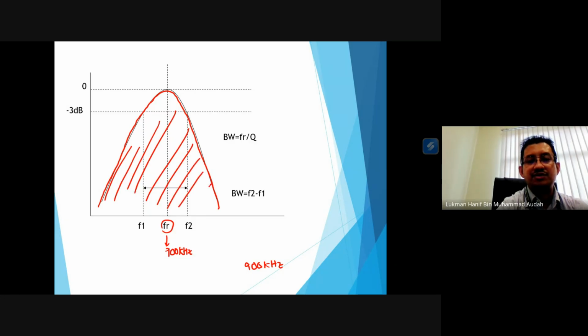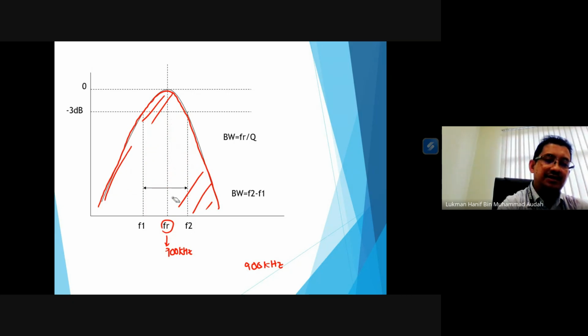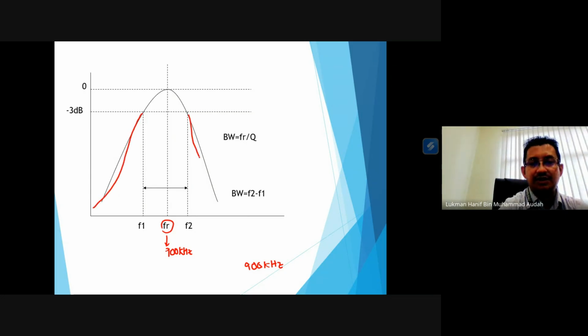This is the real scenario of a filter. The side part here is what we call the skirt. This is the filter skirt.